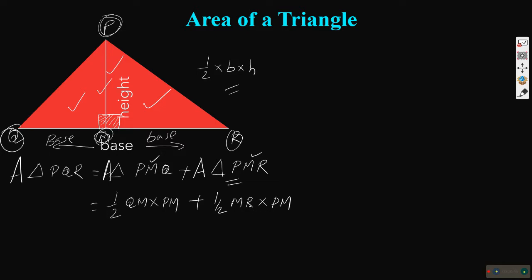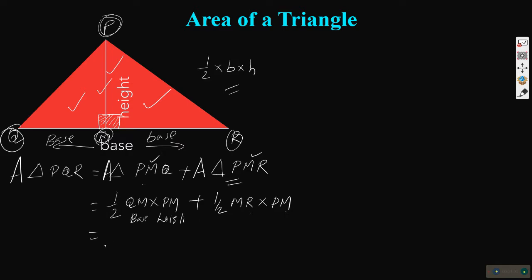So what we can understand is that we are applying the formula half base into height in both cases: half QM into PM, and half MR into PM.